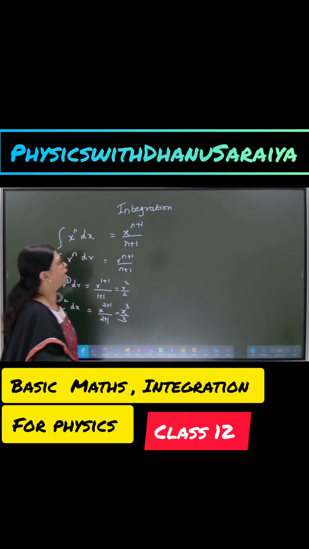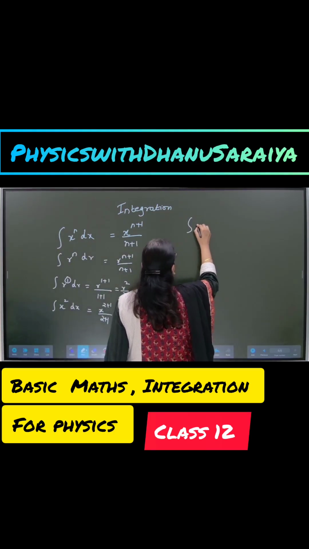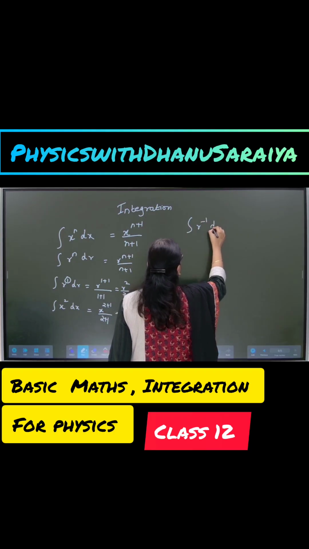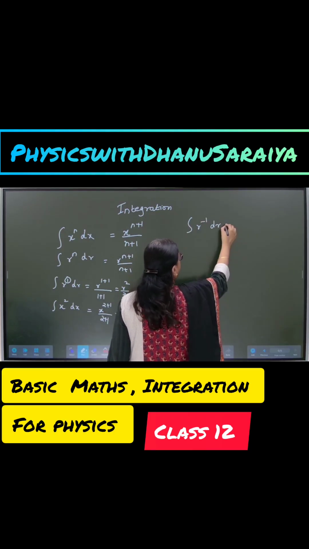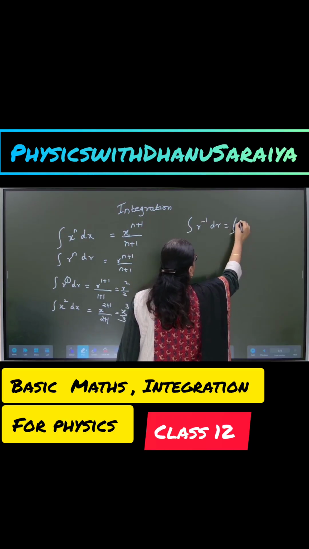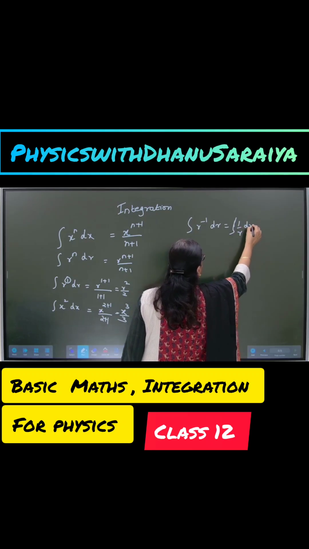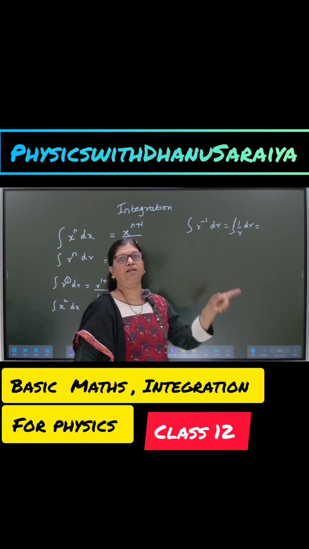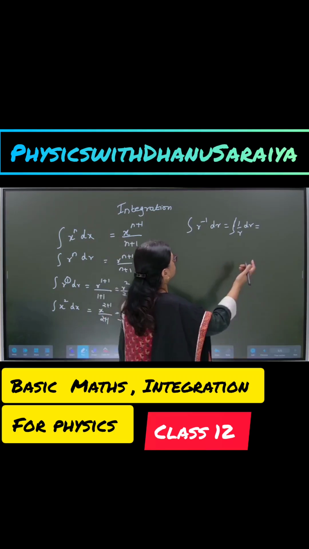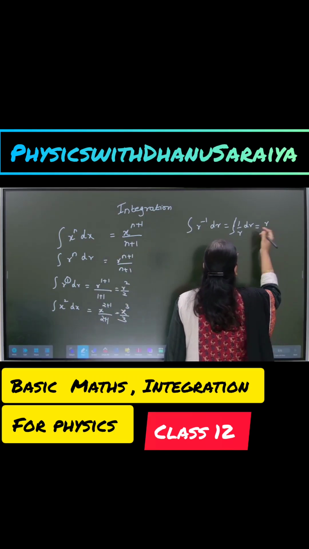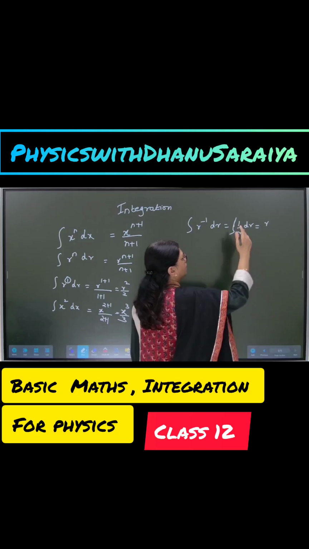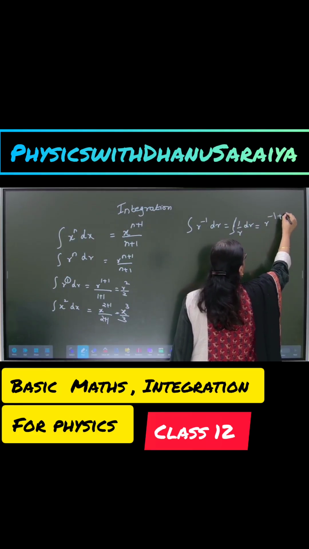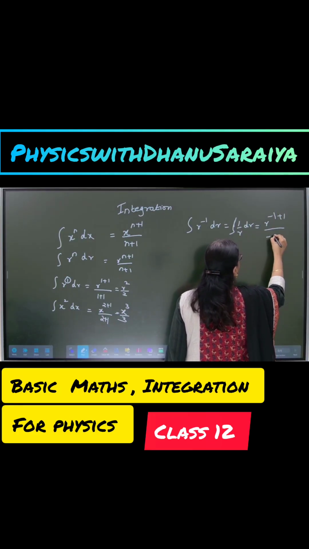Suppose the power is negative, r raised to minus 1 dr. Power is negative. You can also write it as integration 1 upon r dr. Both are same. Whether I write r raised to minus 1 or whether I write it as 1 upon r. What is my power? What should I remember? Write the variable. Variable is r. Then power plus 1 upon power plus 1.